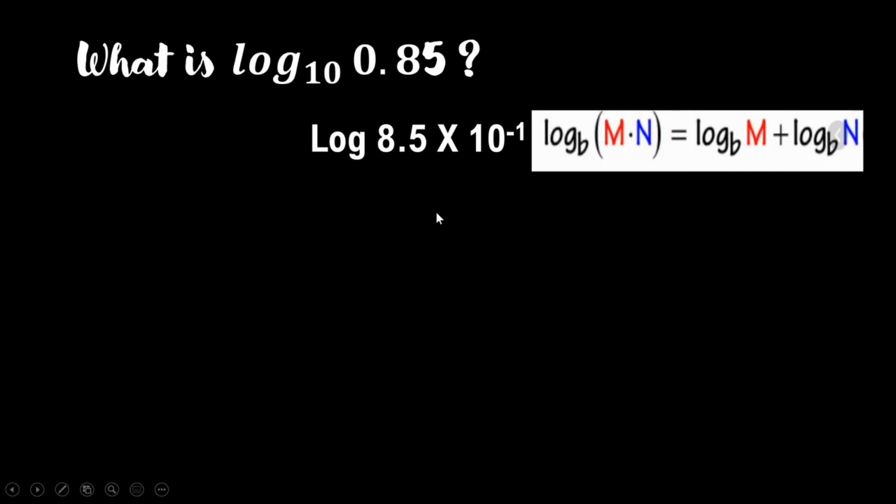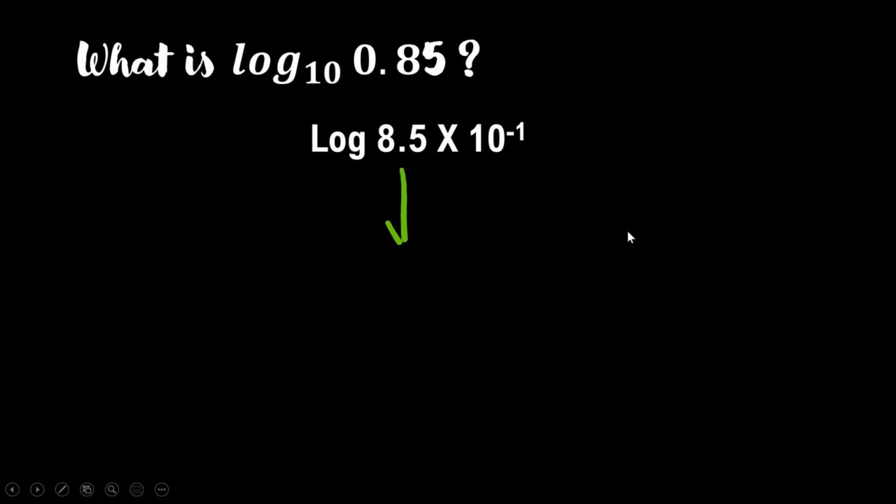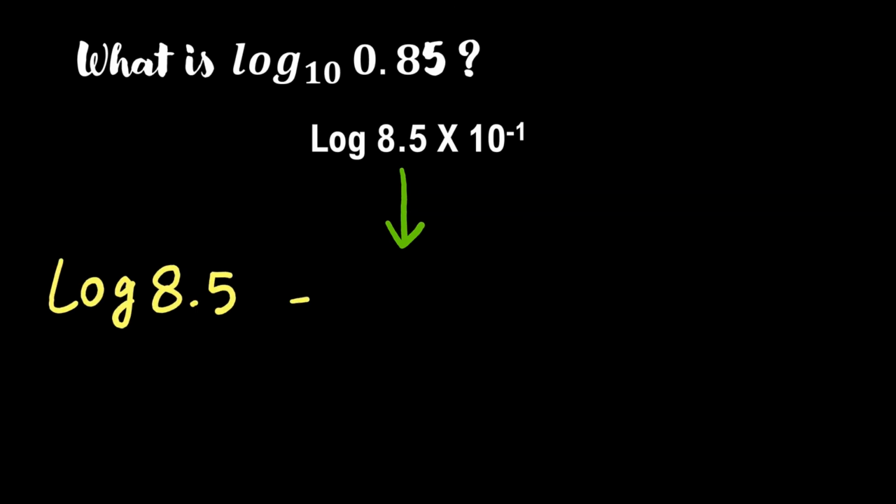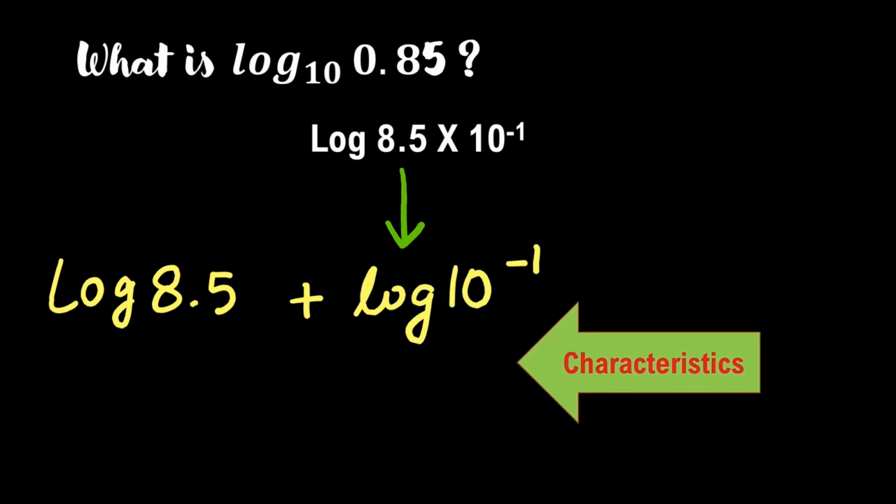And then we'll use the product law. You know that if the argument is in a product form, then we can write it as log m plus log n. Similarly, we can write this as log of 8.5 plus log of 10 to the power minus 1. Now we want to find the characteristic.